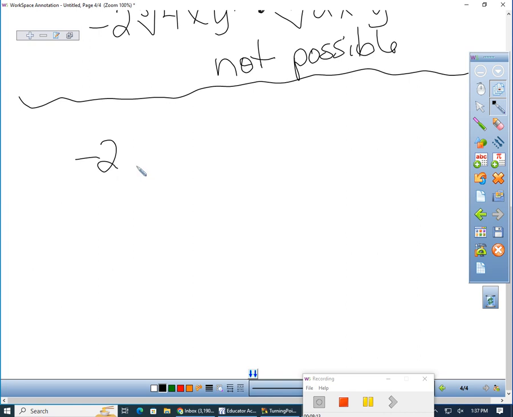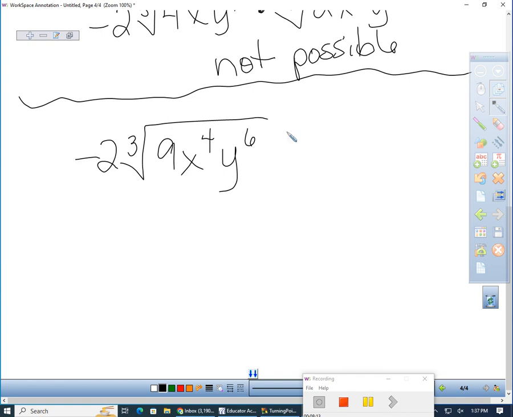All right. Now last one. Let's say I have -2 cube root 9 x to the 4th y to the 6th times 4 cube root, oh, I want to say -6, -6 x to the 3rd y.